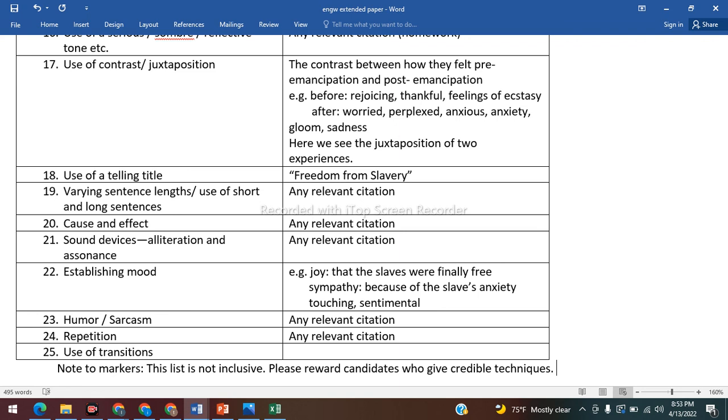Explain the fact. Explain what the metaphors mean. Explain in your own words what you get from it, because they like hearing what you say and how you think, to understand what's going on in the passage and not merely copy and paste. So make sure that you do that.